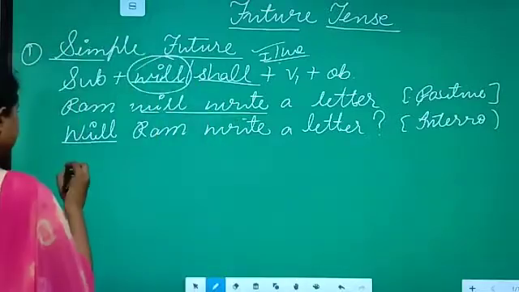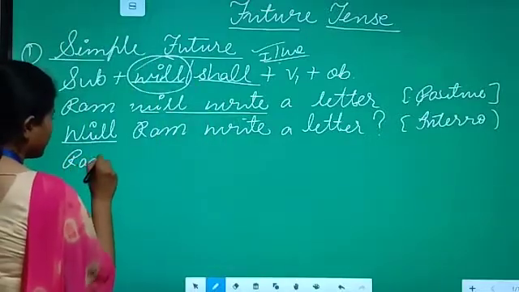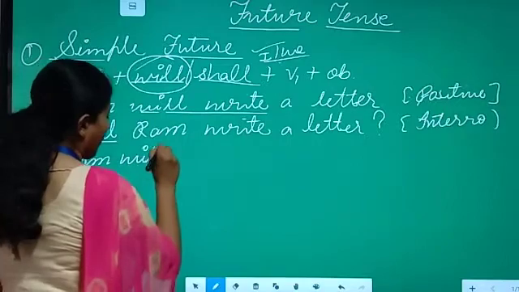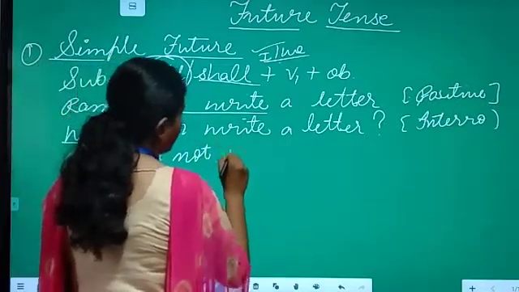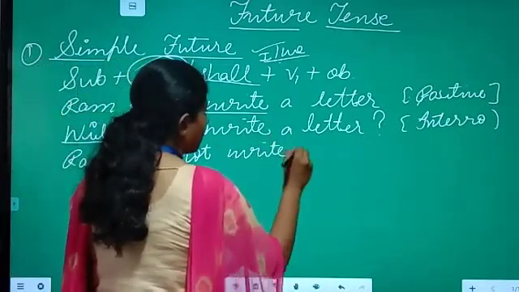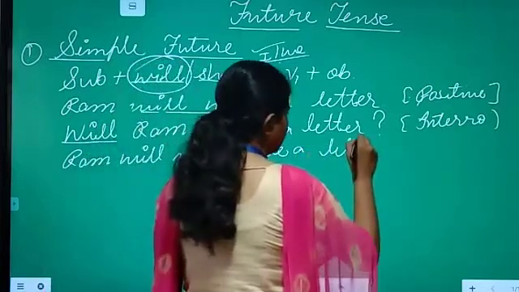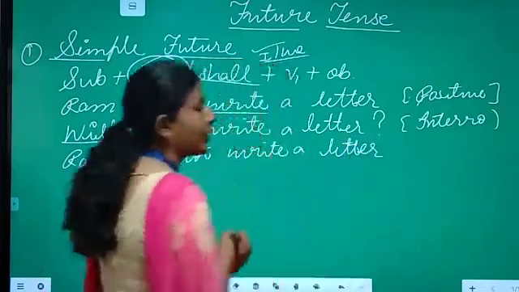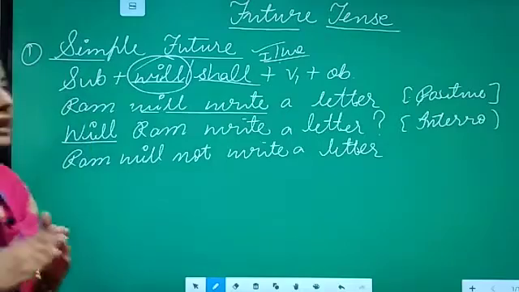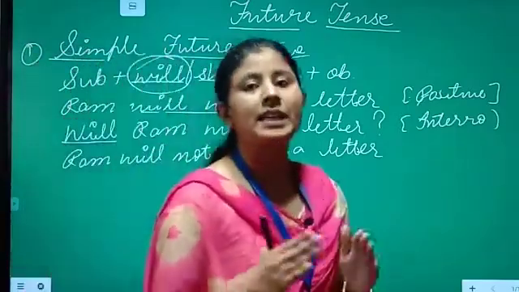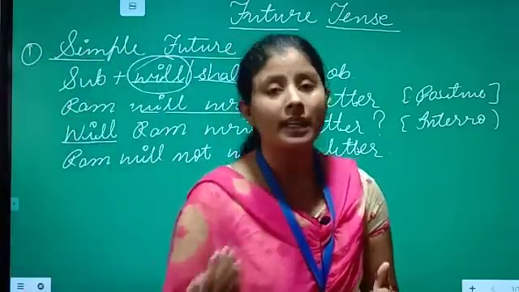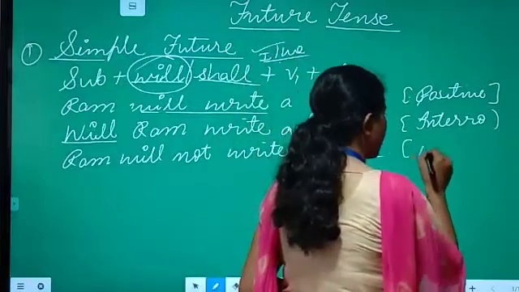So let's see. Ram will not write a letter. Okay, Ram will not write a letter. Now which kind of sentence is it? It is negative sentence.